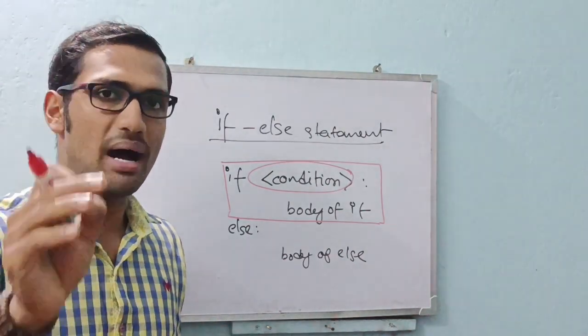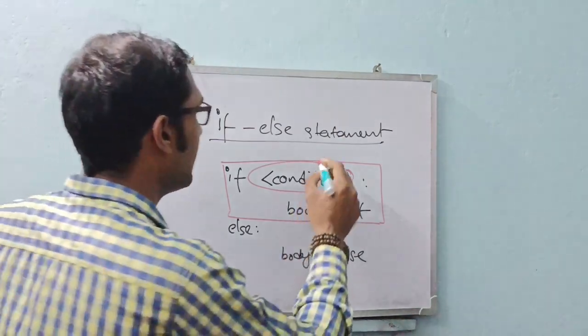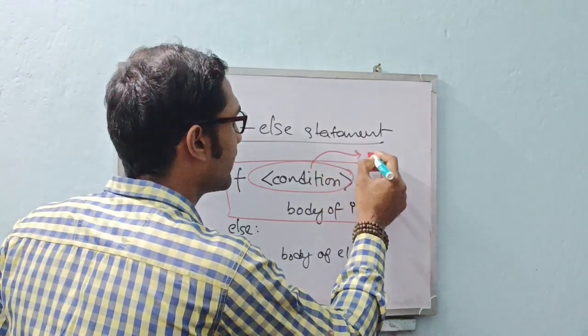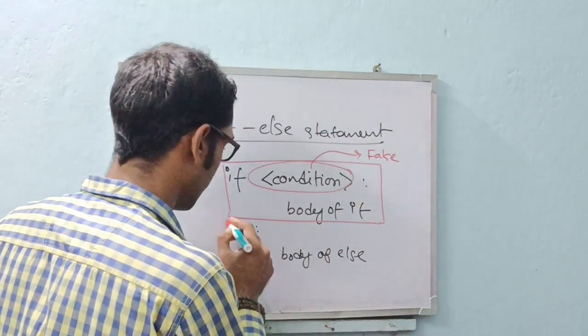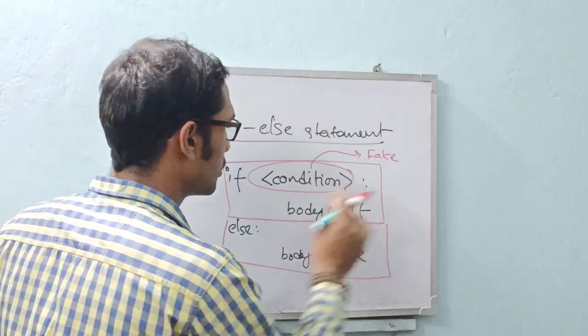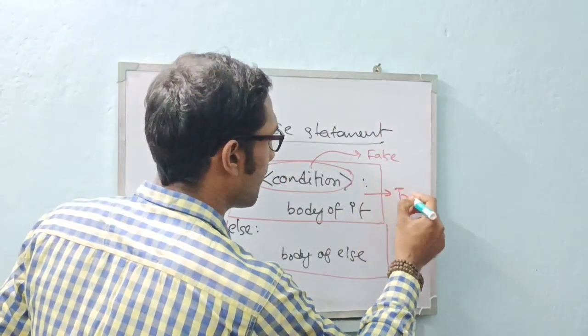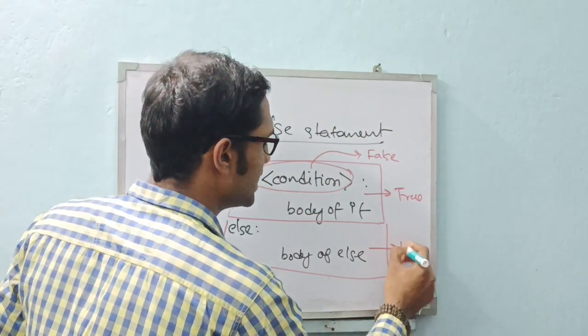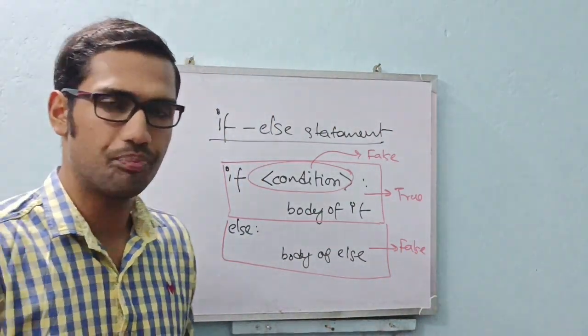So else part will get evaluated if and only if the condition is false. This particular if is for the true and this one is for the false. Simple.